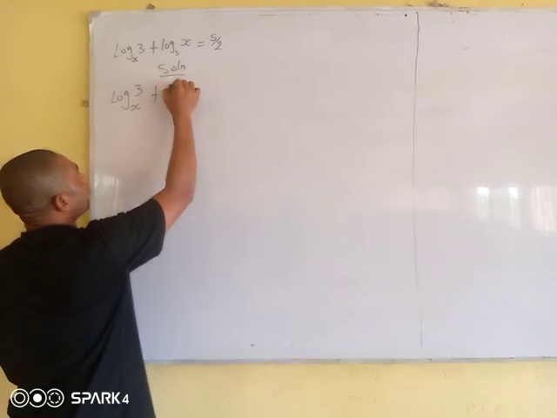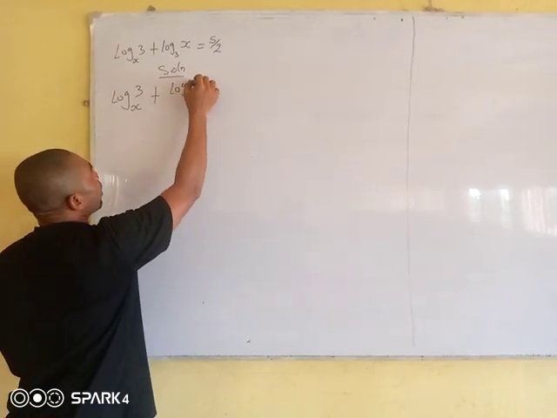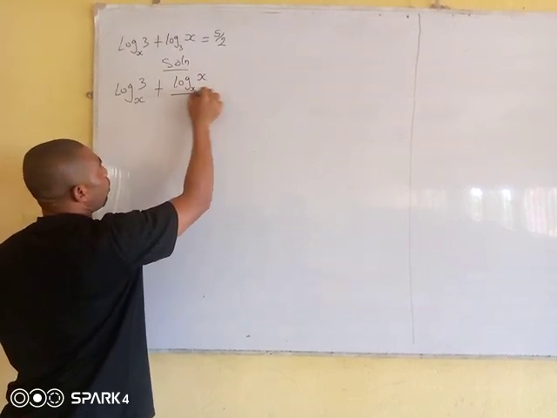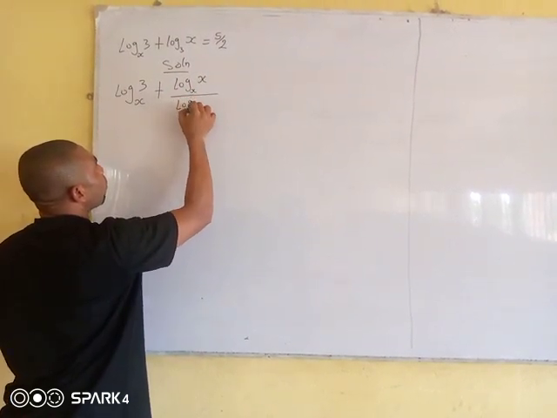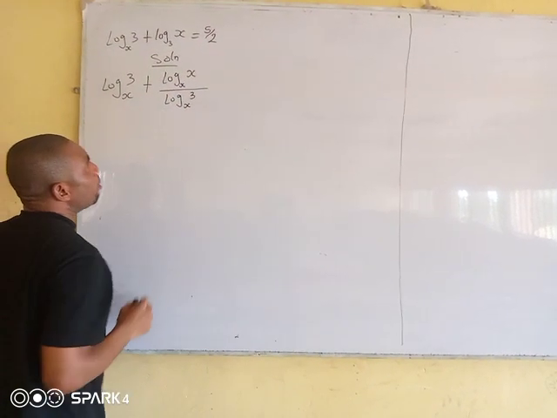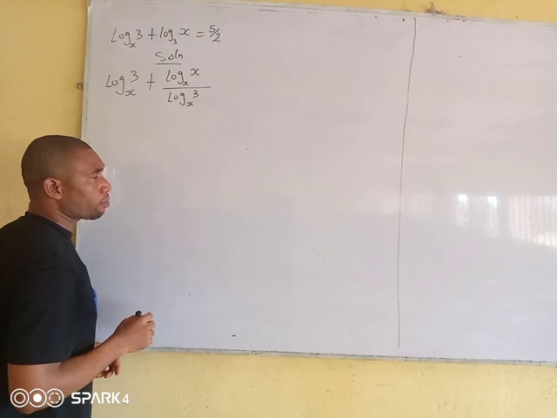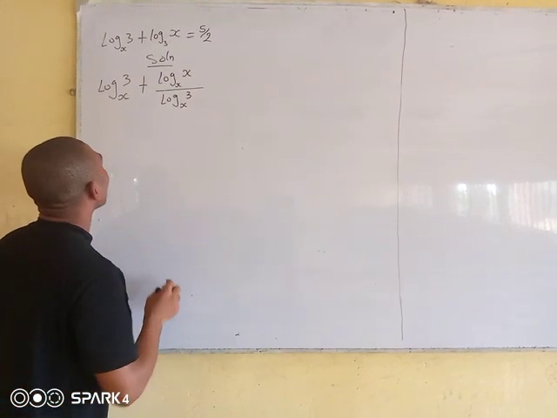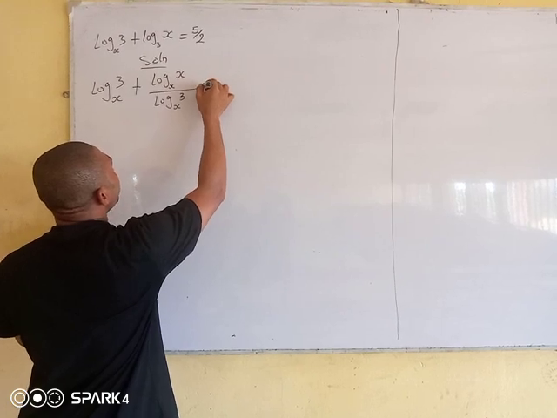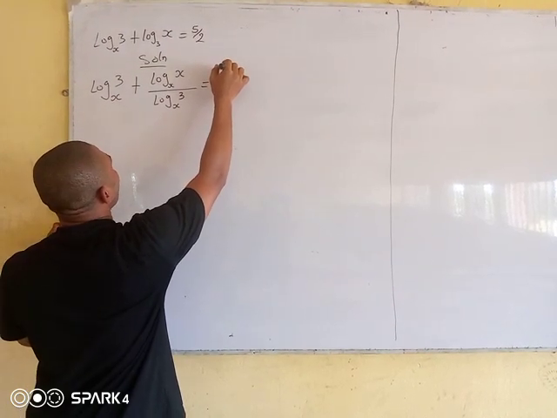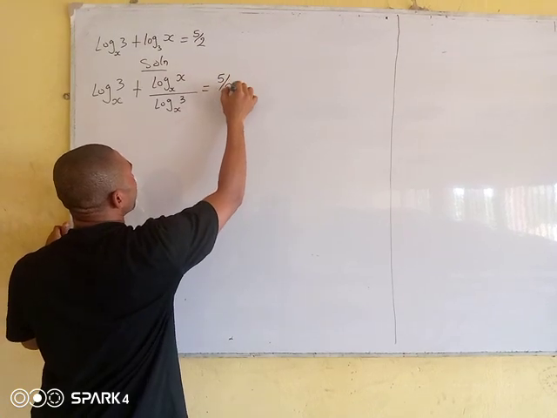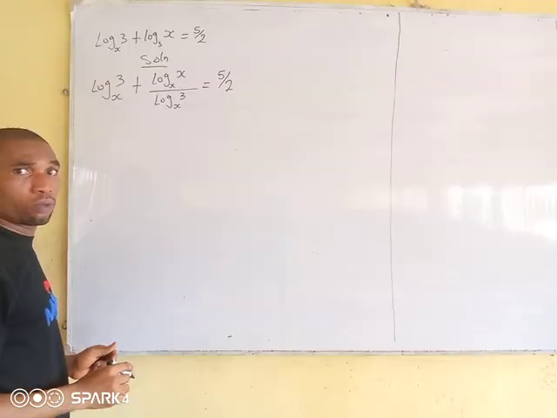Meaning I'm going to have log x base x all upon log 3 base x, which is now equal to 5 over 2.